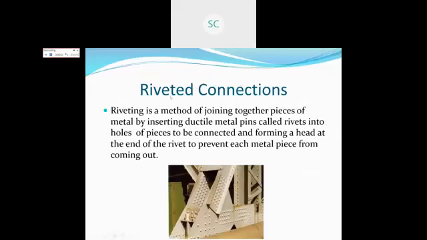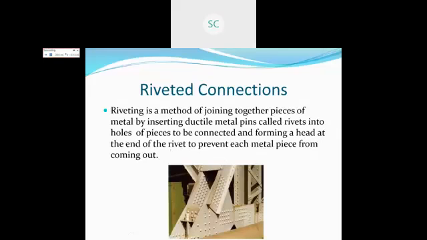Riveting is a method of joining together pieces of metal by inserting ductile metal pins called rivets into holes of the pieces to be connected, and forming a head at the end of the rivet to prevent each metal piece from coming out.